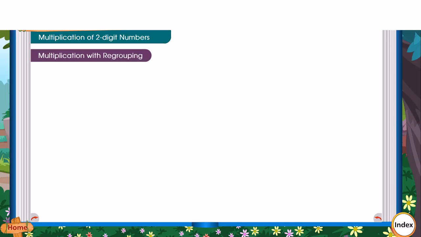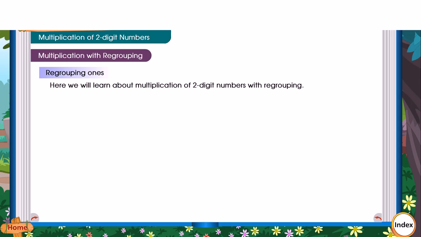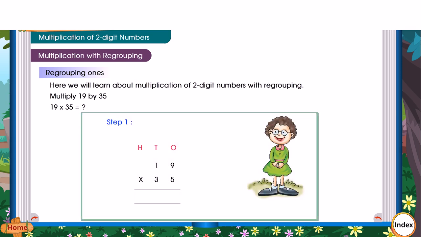Multiplication with regrouping. Regrouping ones. Here we will learn about multiplication of two-digit numbers with regrouping. Multiply 19 by 35. 19 into 35 is equal to how much? Step 1.